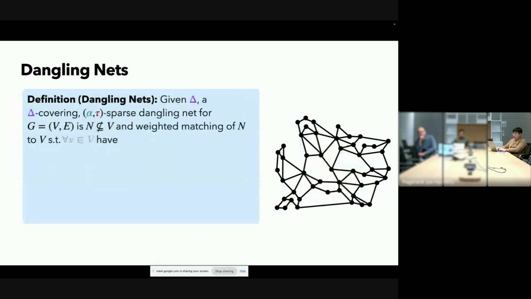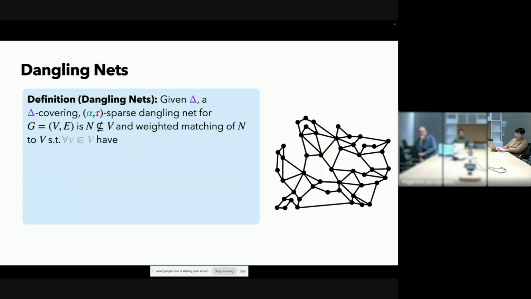So let me do that more formally. See the return of these alpha and tau sparsity parameters. If we imagine that we're given some diameter delta, then a delta covering alpha tau sparse dangling net is just some subset of new vertices. I'm using this notation to say that these were not vertices in the original graph, where those vertices are matched to vertices in the original graph.